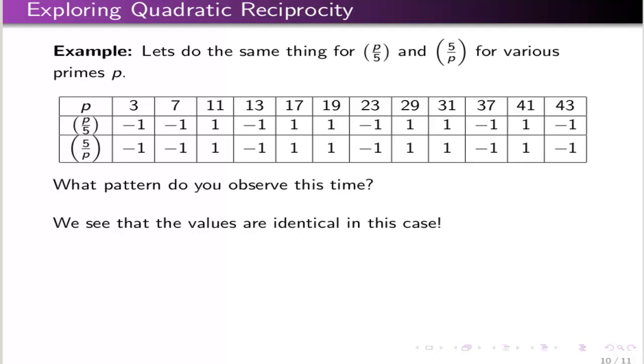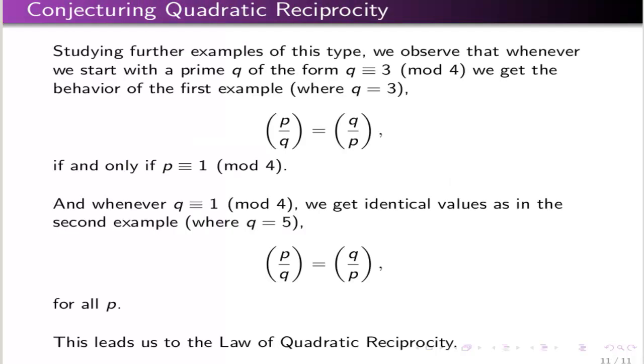Well, you can go on exploring further examples of this type. And people like Euler, Legendre, and Gauss did this. And you start finding that this pattern continues. So we observe that whenever we start with a prime that's of the form 3 mod 4, such as q equals 3 in the first example, p over q equals q over p only if p is congruent to 1 mod 4.